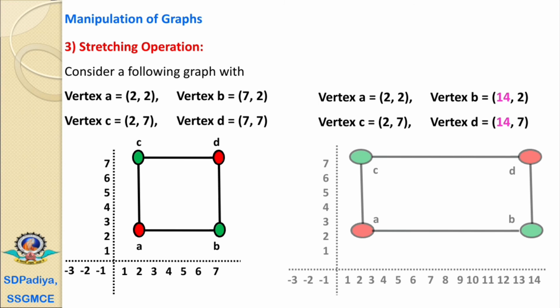Therefore, the vertex A is 2, 2, vertex B is now changed to 14, 2, vertex C is as it is, 2, 7, and vertex D is now changed to 14, 7. And we can observe this graph is stretched horizontally. The vertices A and C are as they are, while the vertices B and D are stretched. It is called a horizontal stretching.